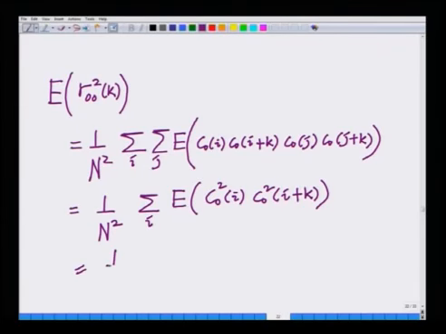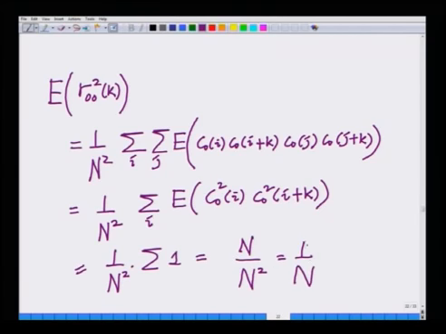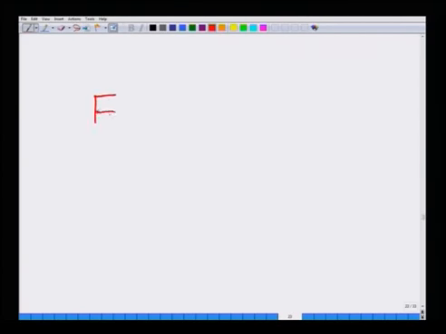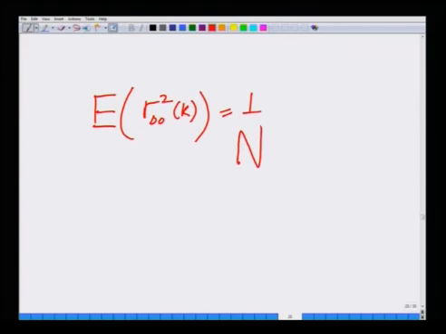So, this will become 1 over n square summation of 1, which is essentially n over n square, which is 1 over n. Hence, expected R 0 0 square of k is 1 over n.